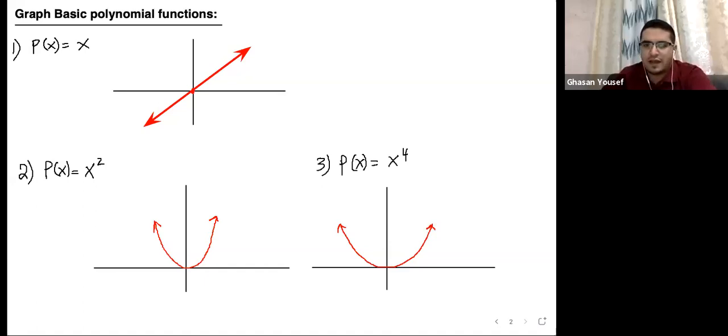The same thing holds for b of x equal x to the power 6. This means any function of this form, b of x equal x to the power n, where n is an even number.